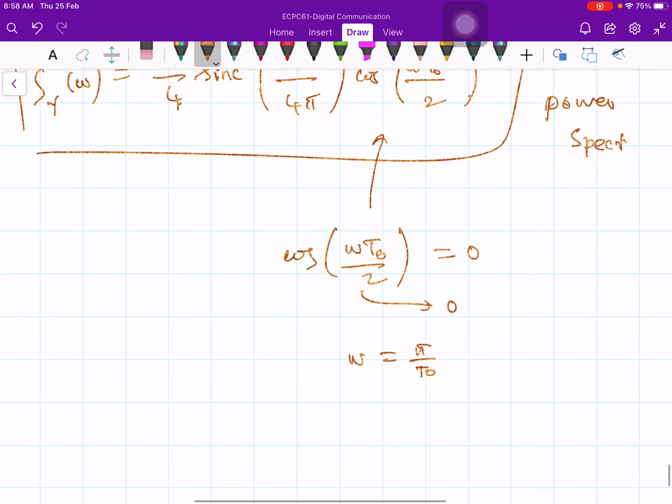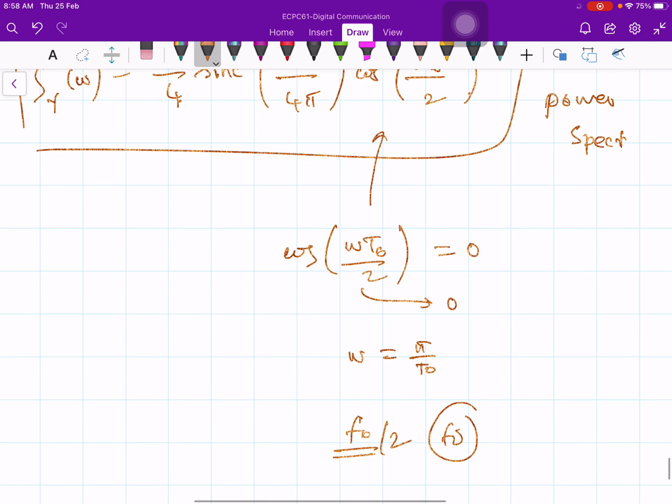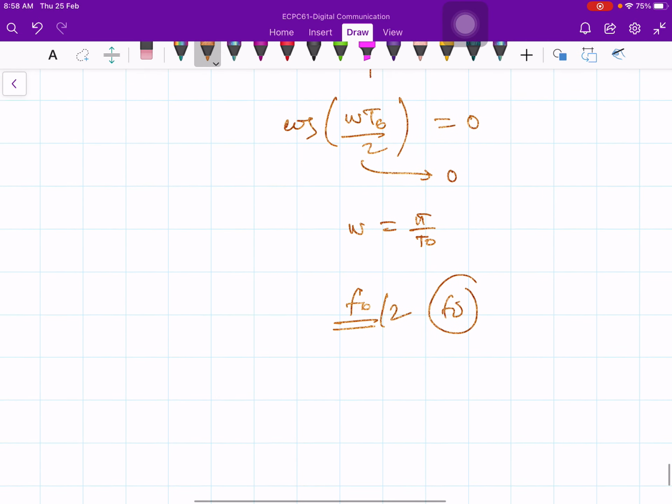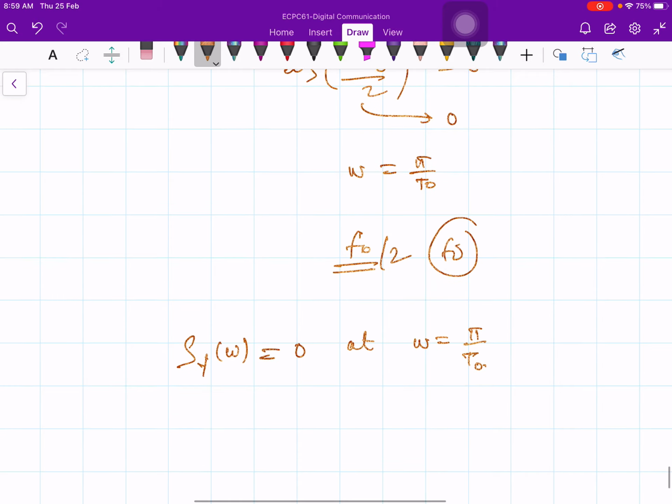So that is interesting, right? Our first 0 crossing in the spectral plot will now be at f0 by 2, not at f0. Okay, so therefore sy of omega is equal to 0 at omega is equal to pi by t0.